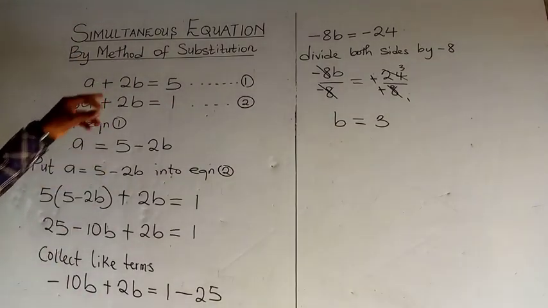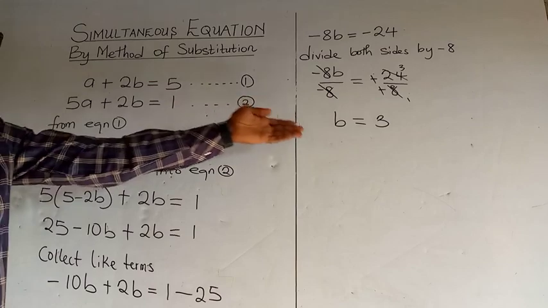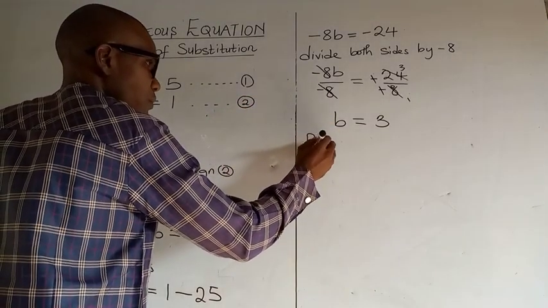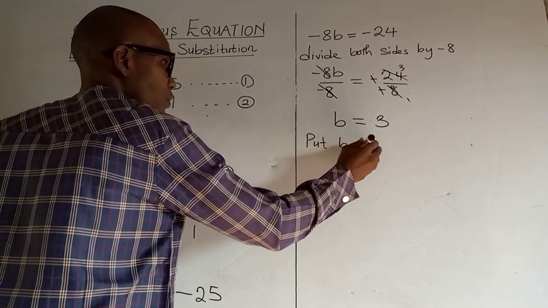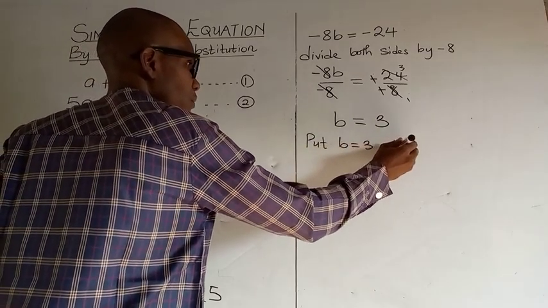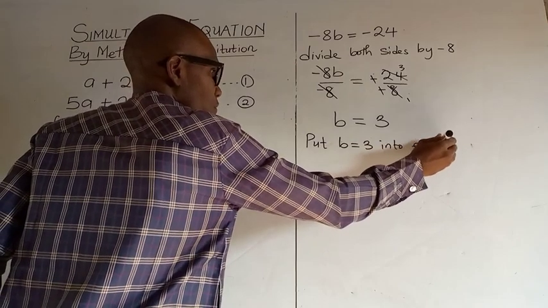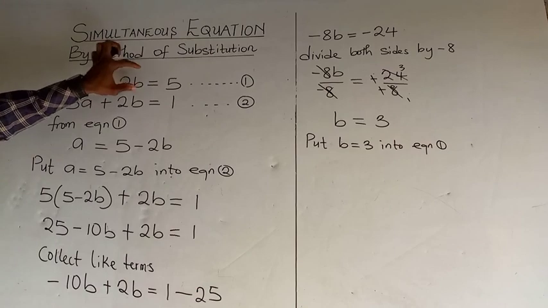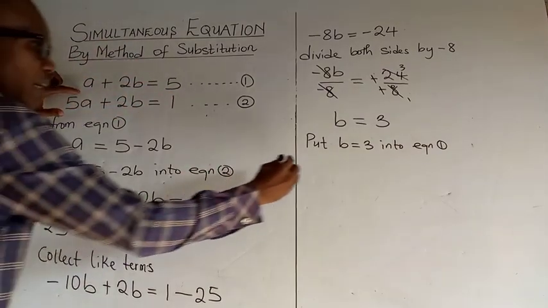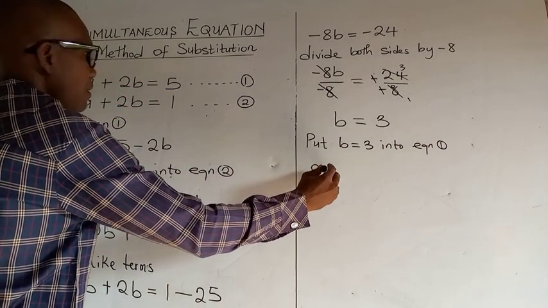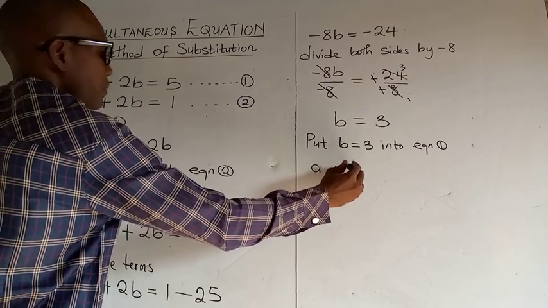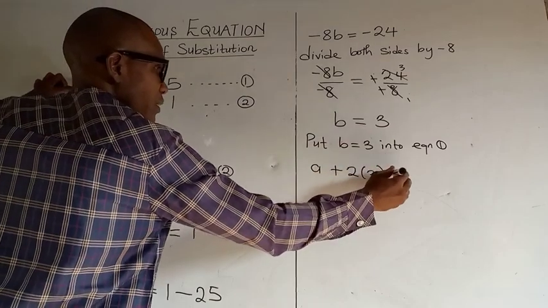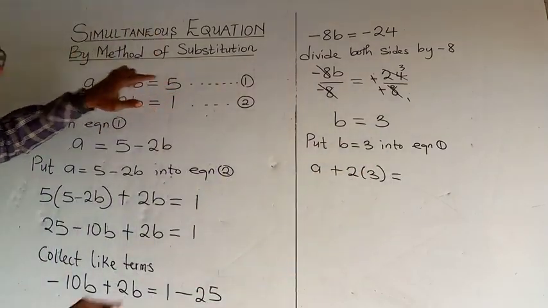To find a, we look for any of the equations and put the value of b equal to 3 into it. So we put b equal to 3 into equation 1. Anywhere we see b, we put 3. So we have a plus 2 multiplied by 3 equal to 5.